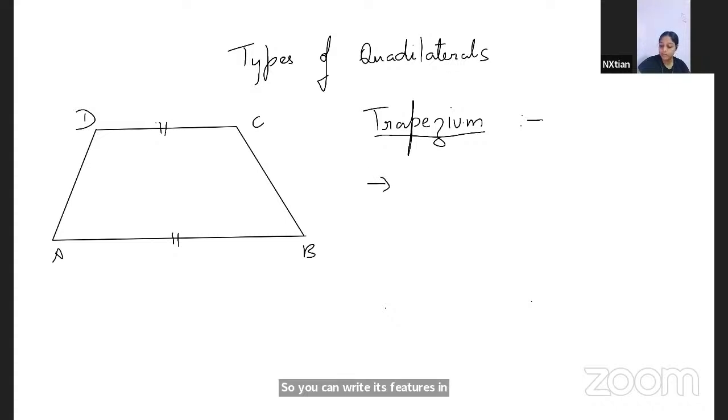Features of the trapezium: two opposite sides are parallel.